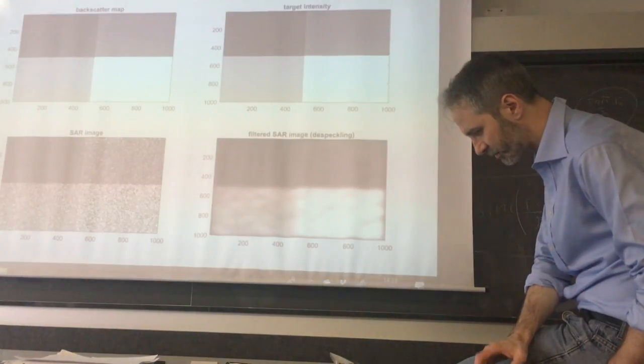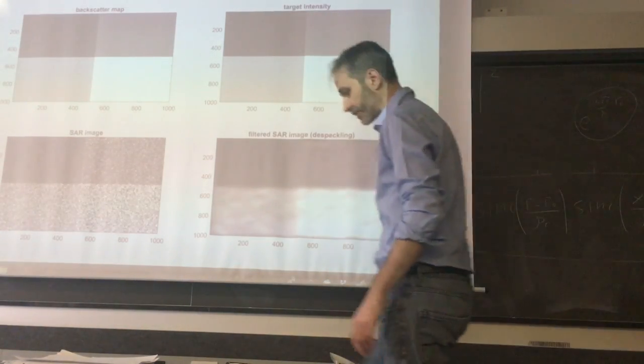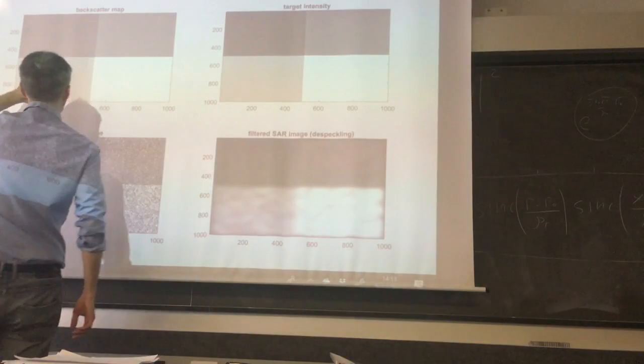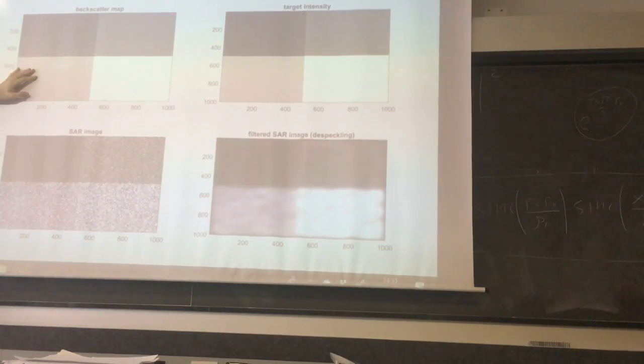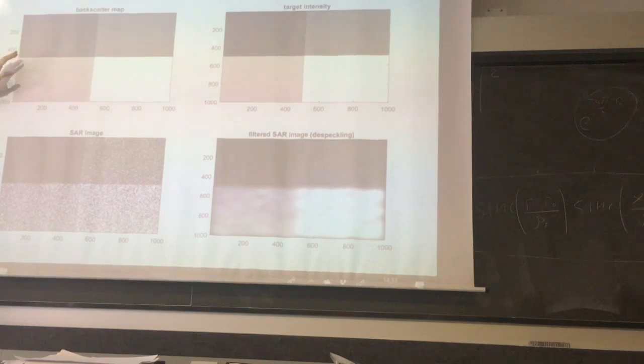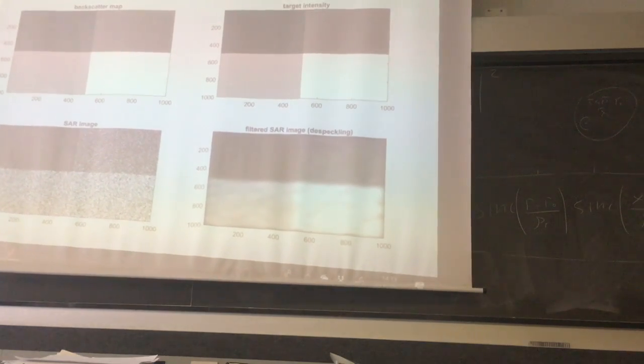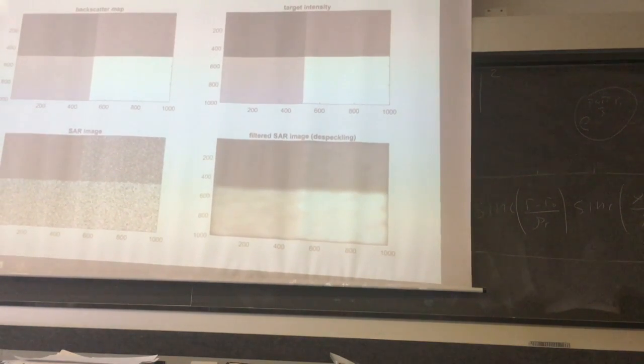Here you look. So this is the backscatter map, the first matrix I created. Then, based on this, I generated this new matrix called A, which is exactly the A behind the curtain here.